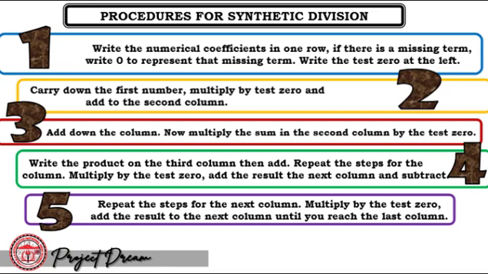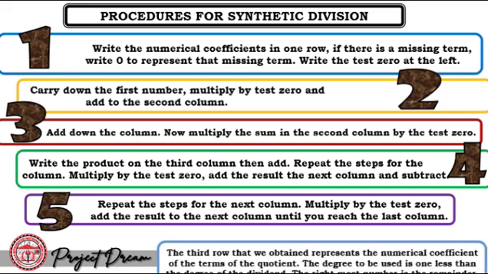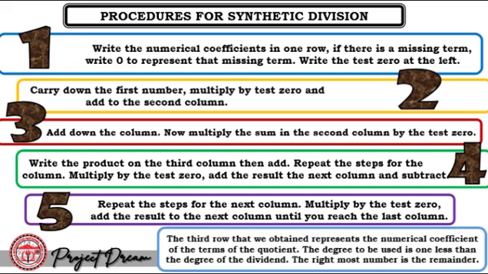And grade 10 student, always remember that the third row that we obtain represents the numerical coefficients of the terms of the quotient. The degree to be used is 1 less than the degree of the dividend. The rightmost number is the remainder.